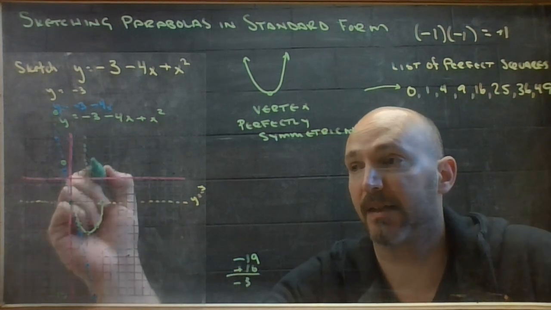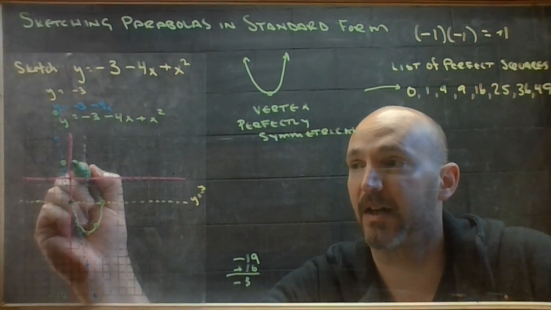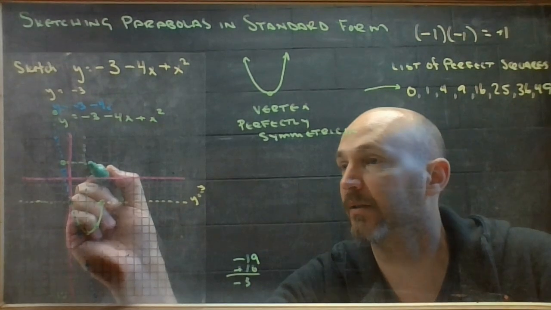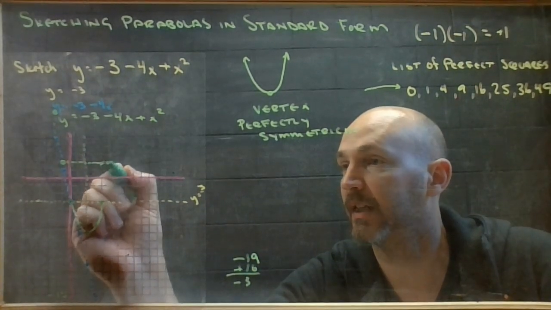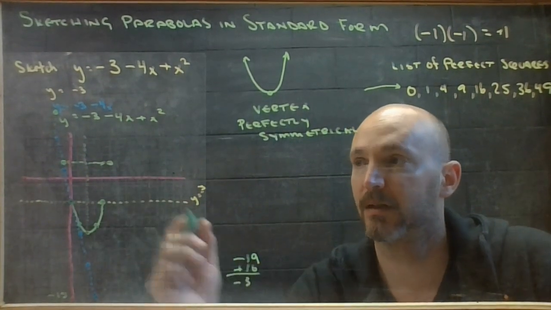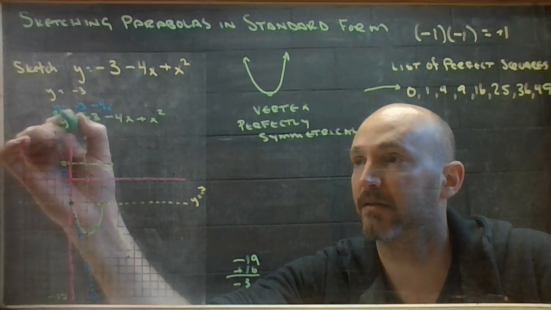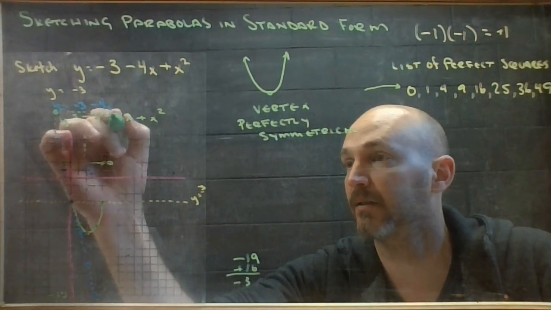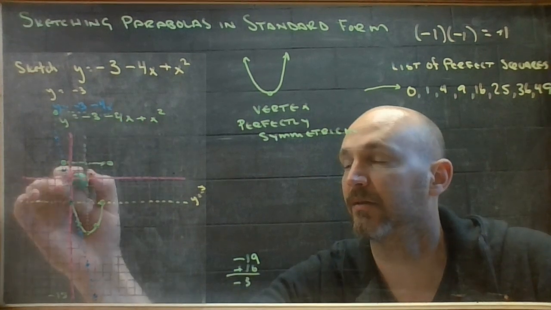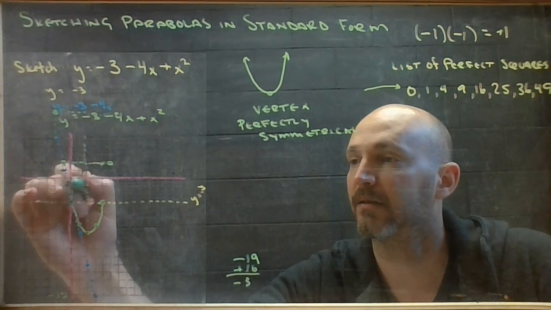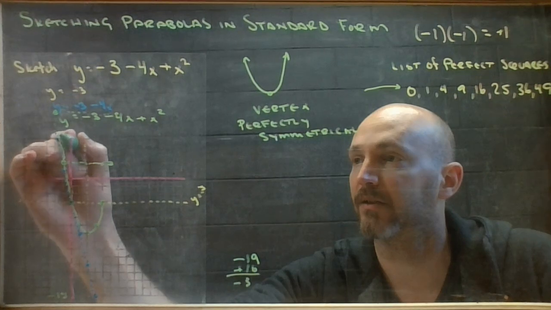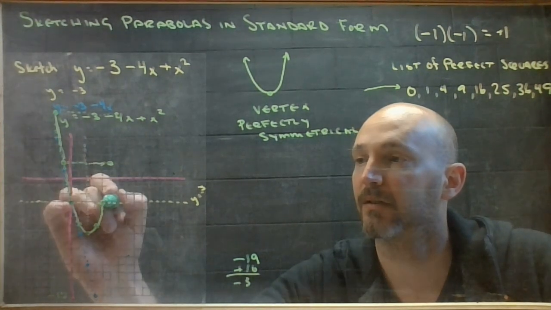Now again, these things need to be symmetrical, so this dot needs a partner here, and this dot needs a partner here-ish, so I can get this thing drawn in with lots of points.